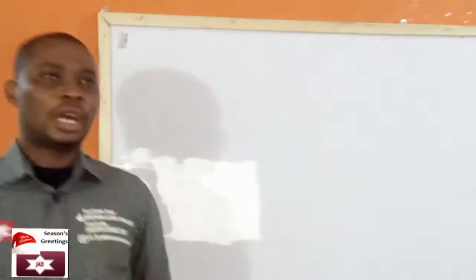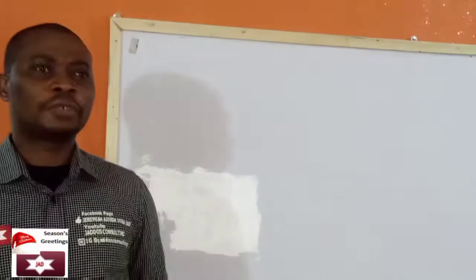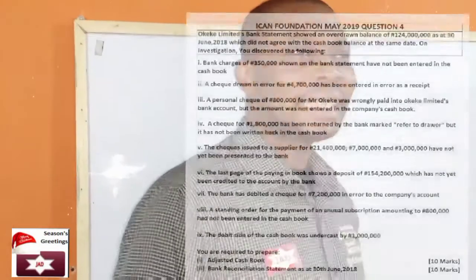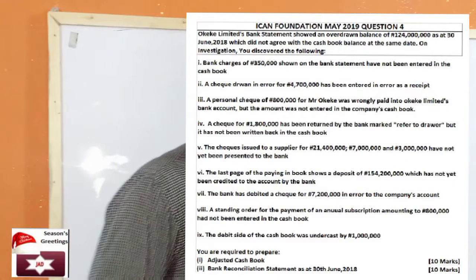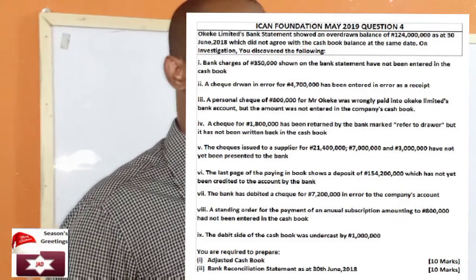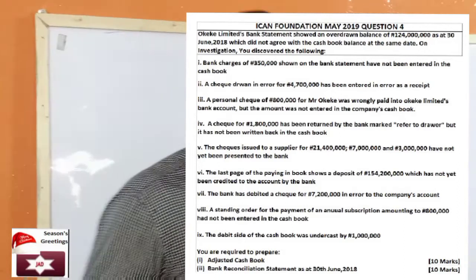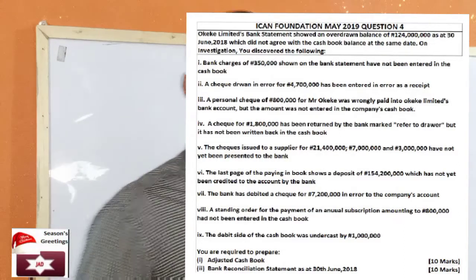So quickly, we have question 4, ICAN Foundation 2019 here. OKK Limited's bank statement showed an overdrawn balance of 124 million as at 30th June 2018, which did not agree with the cash book balance at the same date.